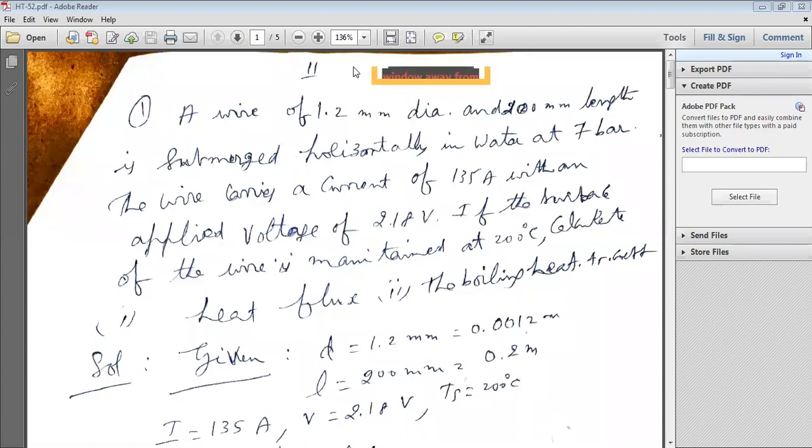So for any material, you are supposed to heat up to the critical heat flux. So what is nucleate boiling? What is film boiling? We have discussed the theory part, and in the last class I gave the different correlations for nucleate boiling and film boiling. So today we'll discuss some problems on boiling.